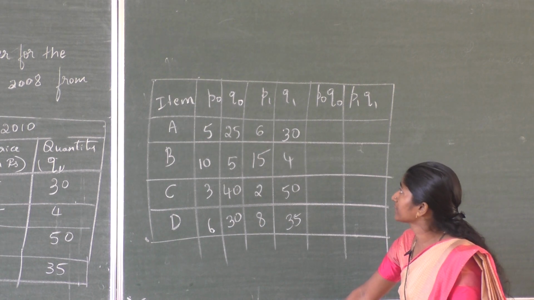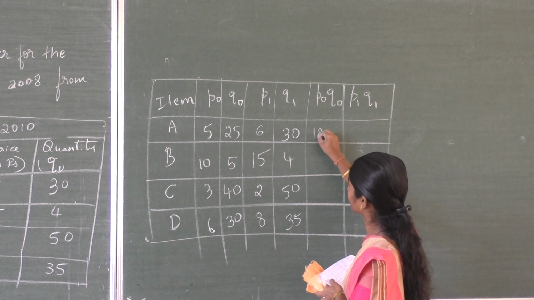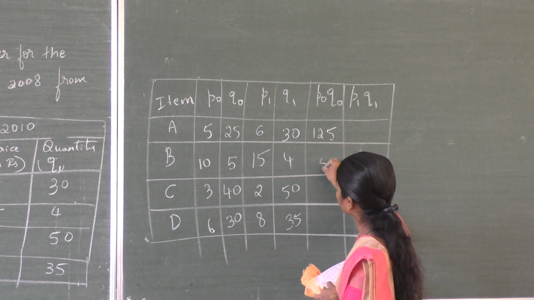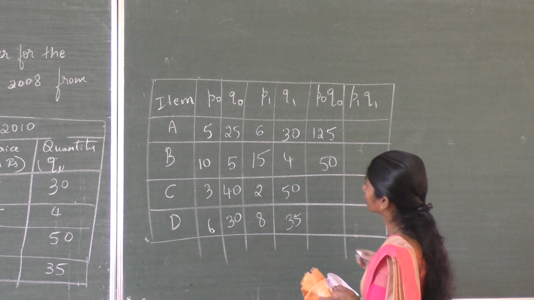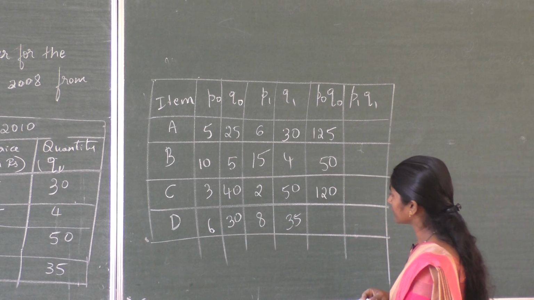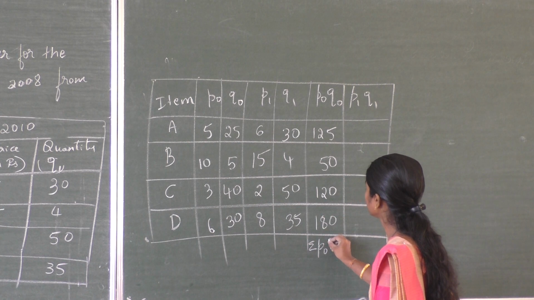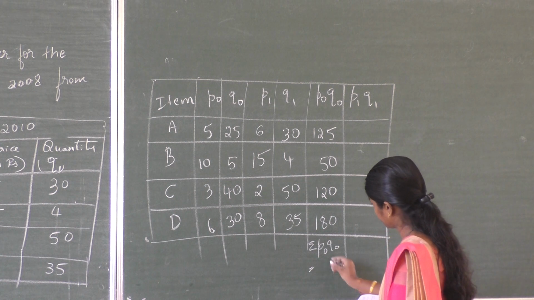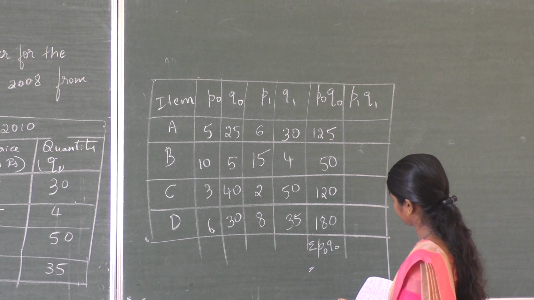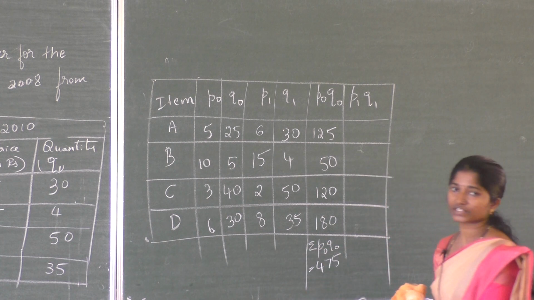Now we multiply P0 Q0: 5 into 25 is 125, 10 into 5 is 50, 3 into 40 is 120, 6 into 30 is 180. Total, we will find the total. We got 475.